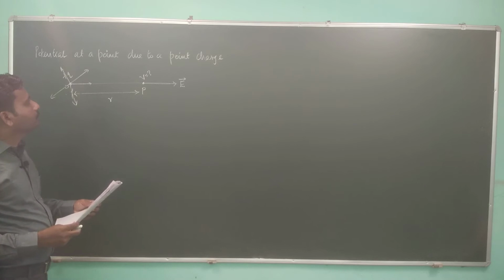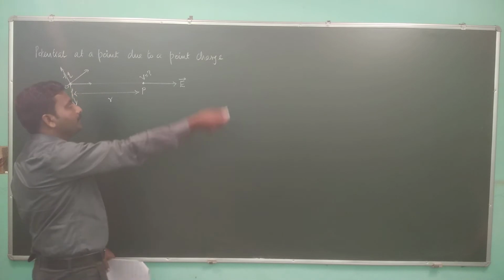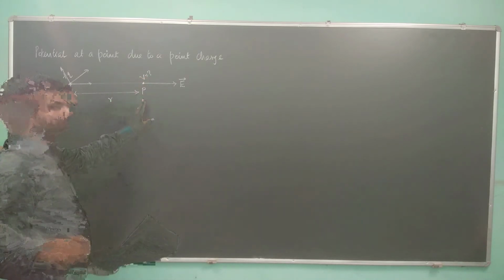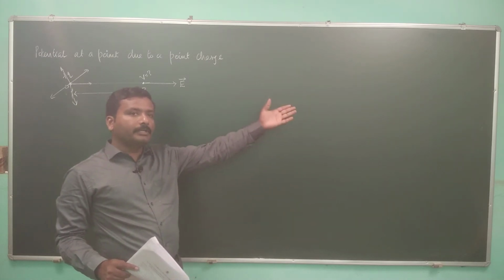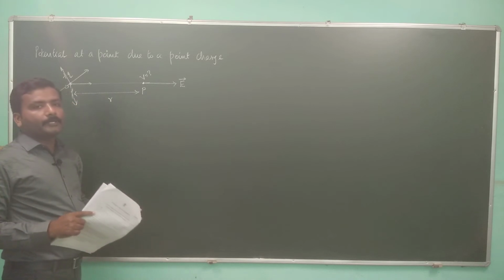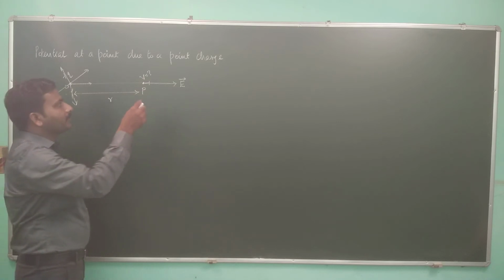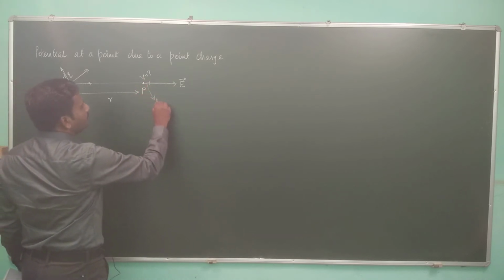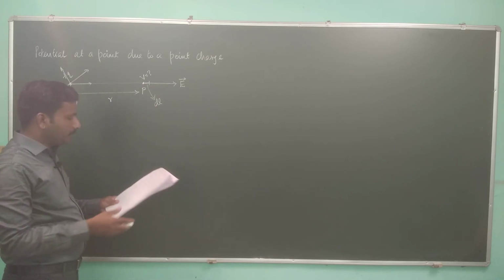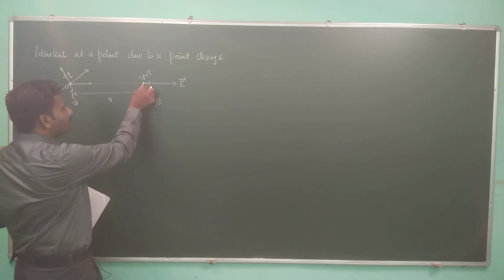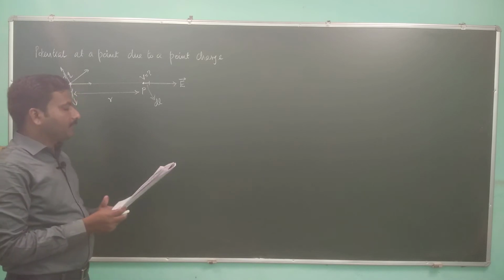Now assume that we are bringing a test charge from infinity to this point. The particle is moving from an infinite distance to the point P, and this distance is divided into small lengths dl, where dl is the small displacement length.